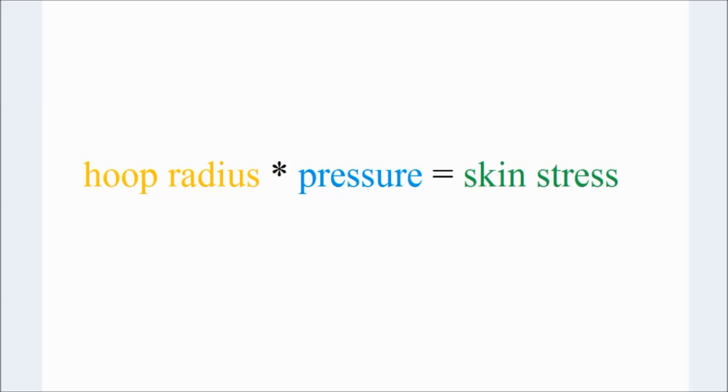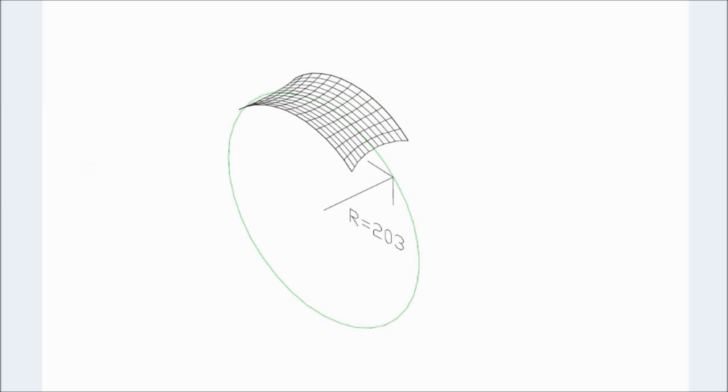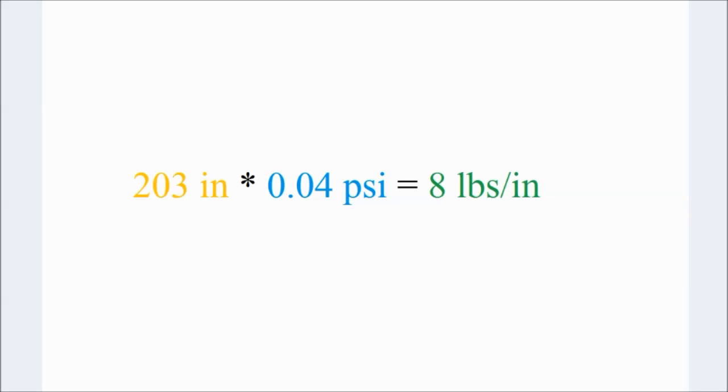Thus, if we have, for example, a hoop radius of 203 inches, shown here, and if for pressure we have a wind suction of 0.04 pounds per square inch, which is equivalent to a 45 mile per hour wind, then we multiply those two figures and we know that we need a pre-stress of approximately 8 pounds an inch. With a larger load, we would expect parts of the structure to become inflated with larger deflections.